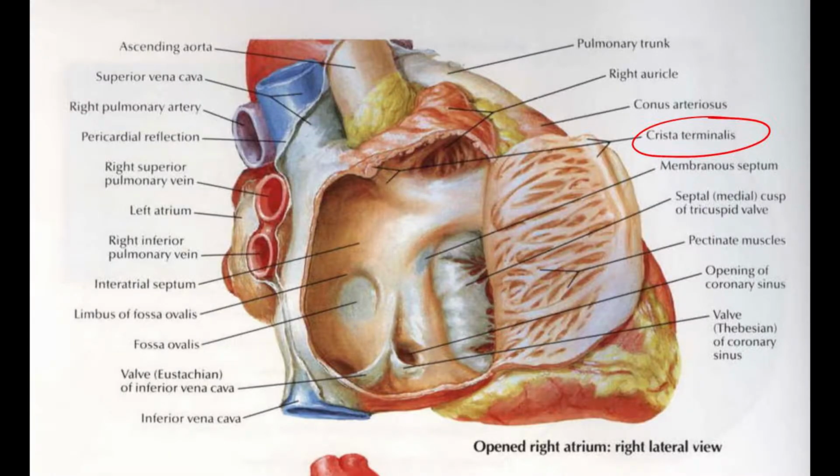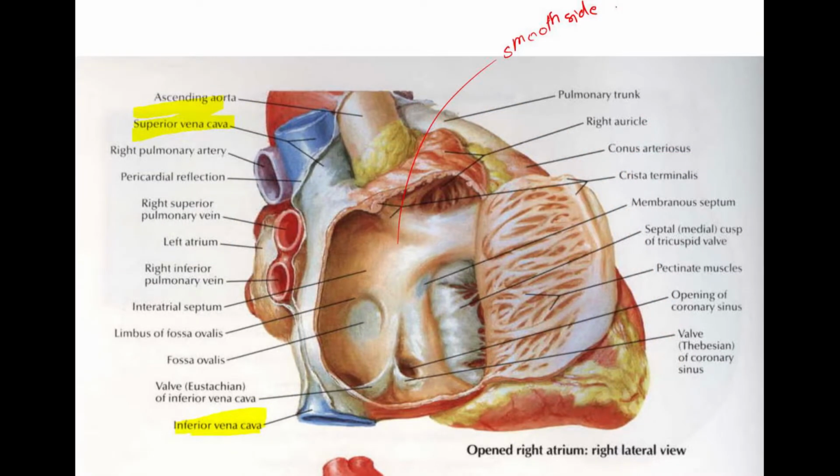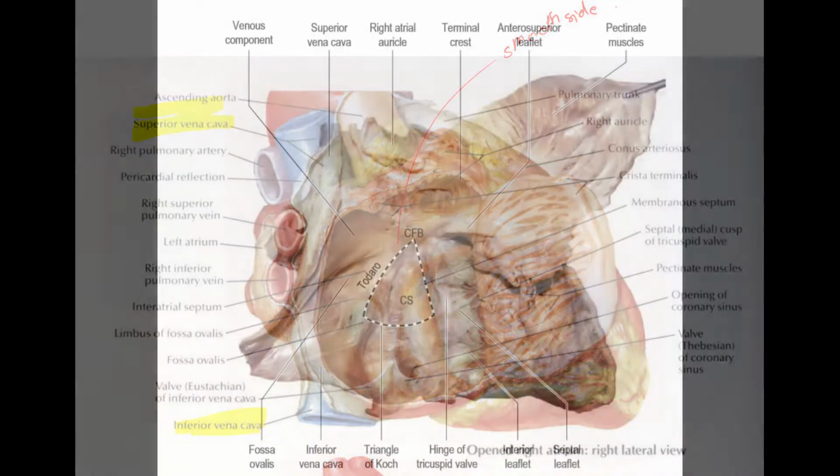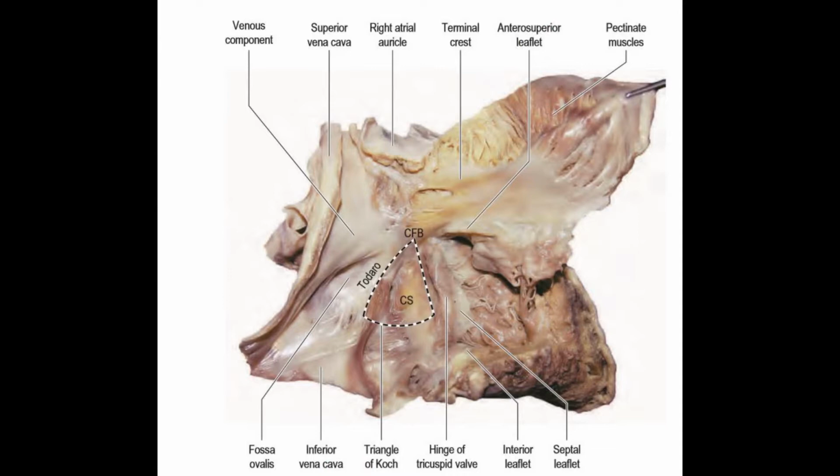Internally, there is the smooth venous component that's located posteriorly, and it leads to the tricuspid wall. Remembering the walls here is important because we have the superior and the inferior vena cava, and each of them has its own wall. We also have the coronary sinus, which originates from the sinus venosus of the embryonic heart.